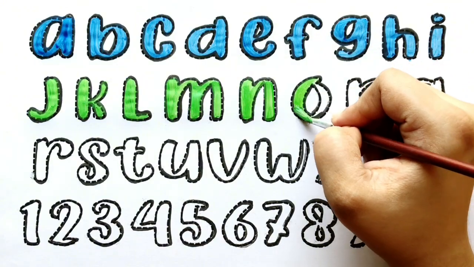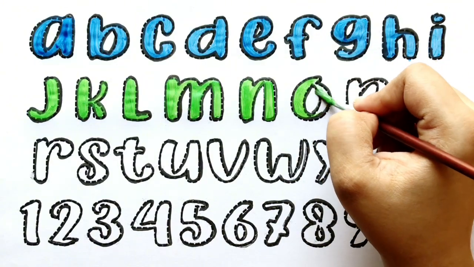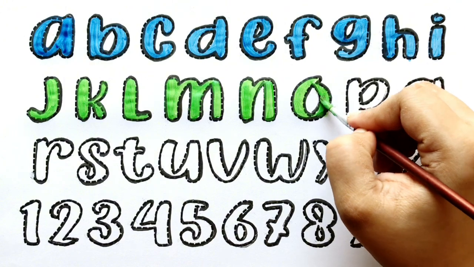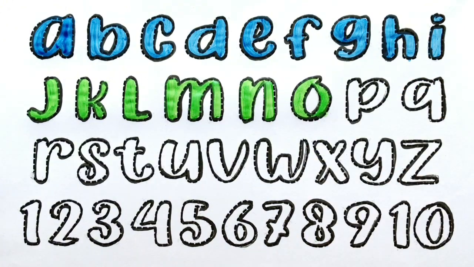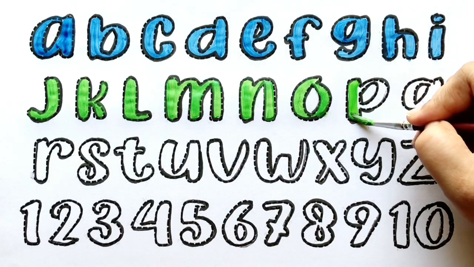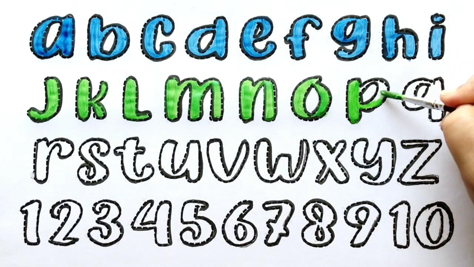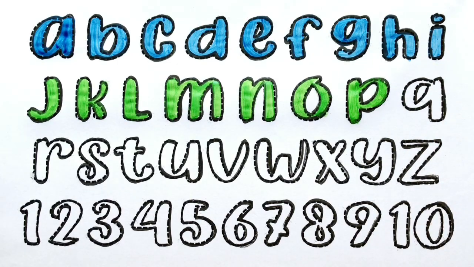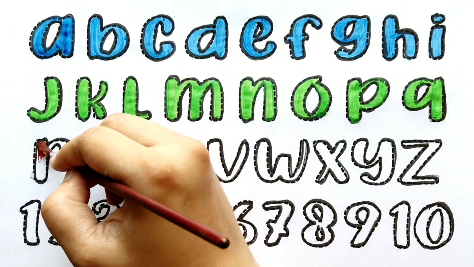O for octopus. P for pig. Q for coin. Brown color.